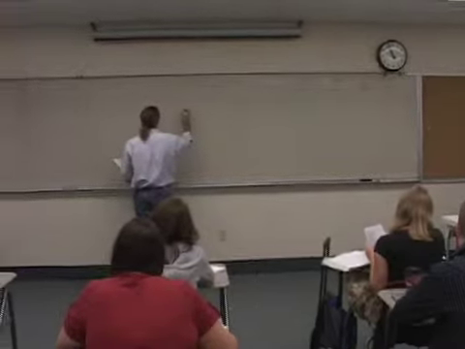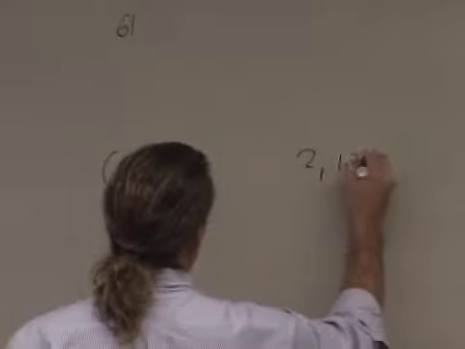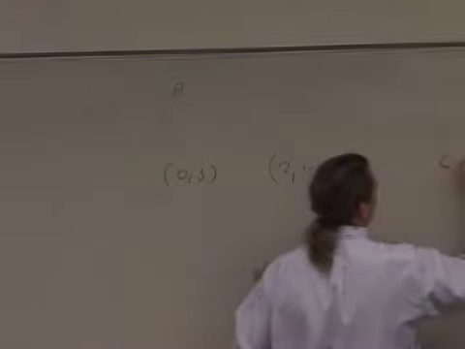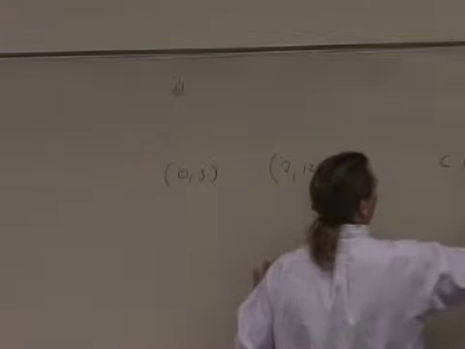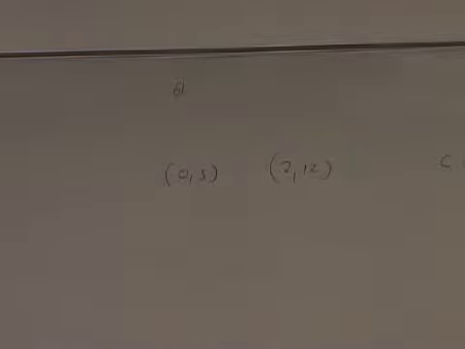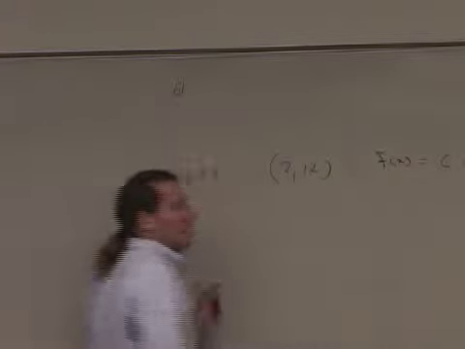We have 2 points, and we want to find the exponential function c a to the x. Is that what it says? Yes, c a to the x. F of x is going to equal c a to the x. Okay.